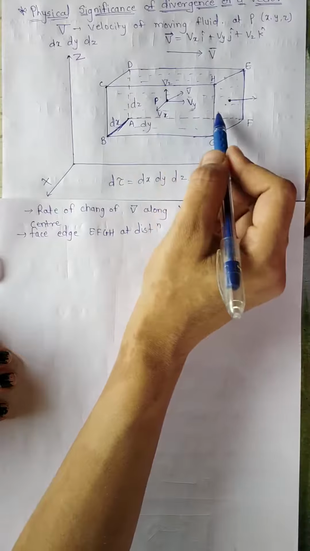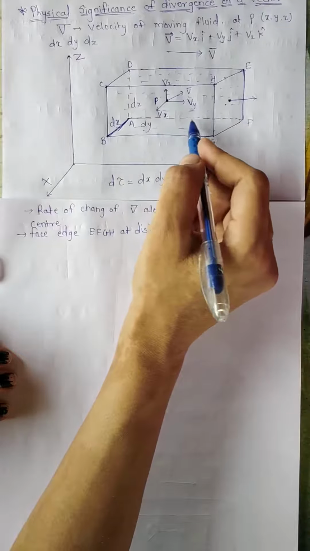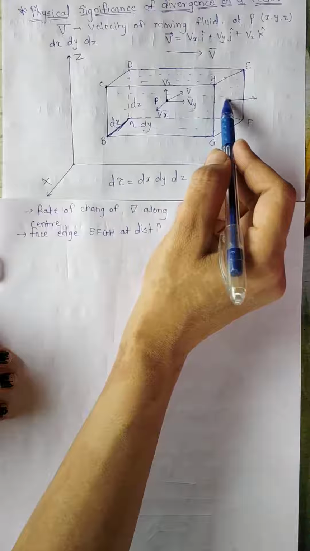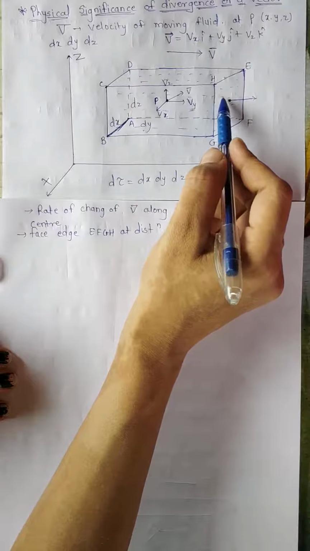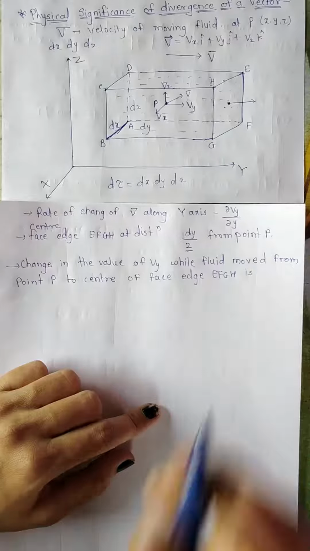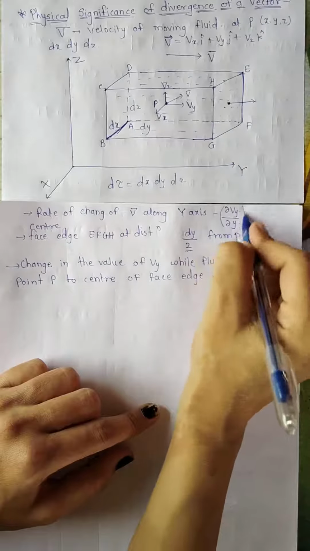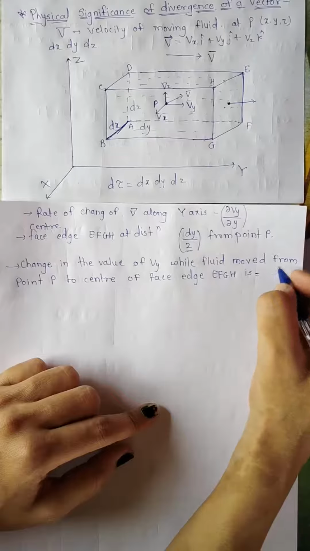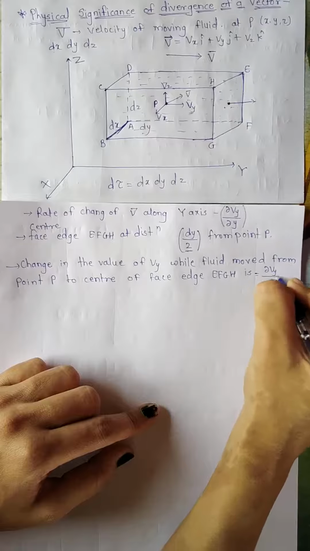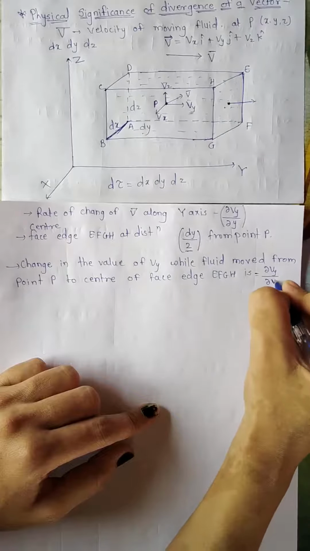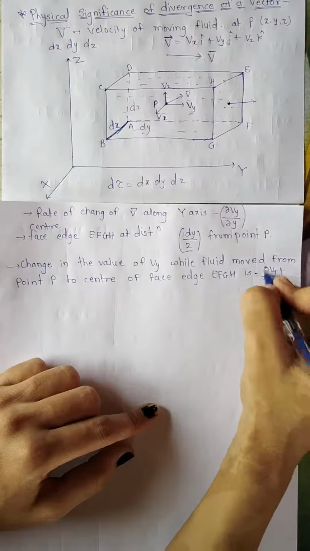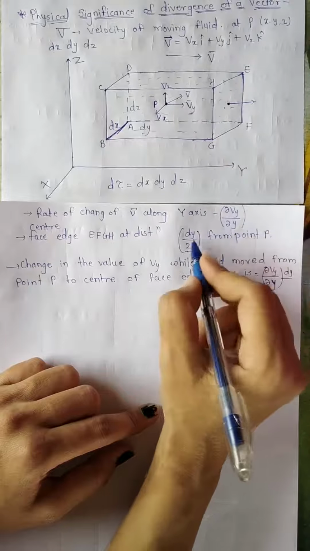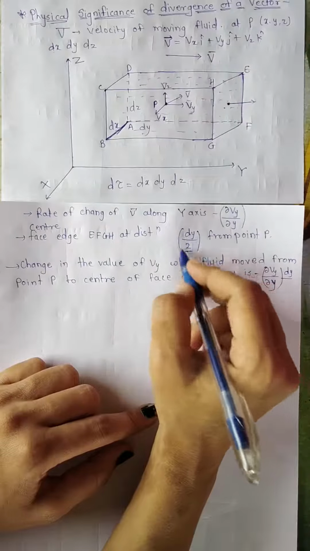This change in the value of Vy is given by the product of this quantity into this quantity, because the rate of change of velocity along y is this and the distance from point P to the center of the face is this.